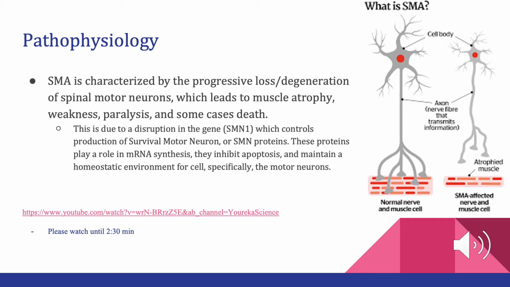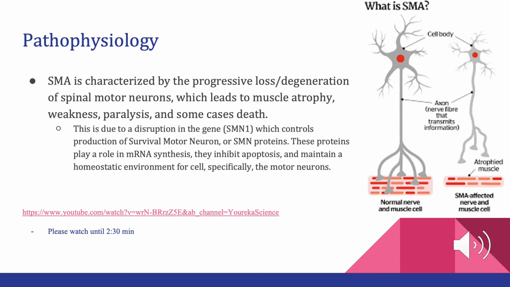Now, a common disruption in splicing of SMN2 is an exon 7 disruption, which leads to only partially functional SMN2 genes. So when we get into the severity of symptoms and the different types of SMA, it's pretty heavily dependent on how many functional SMN2 genes you have.